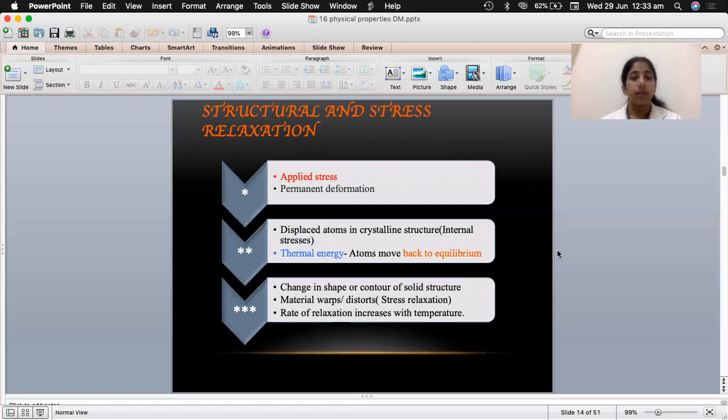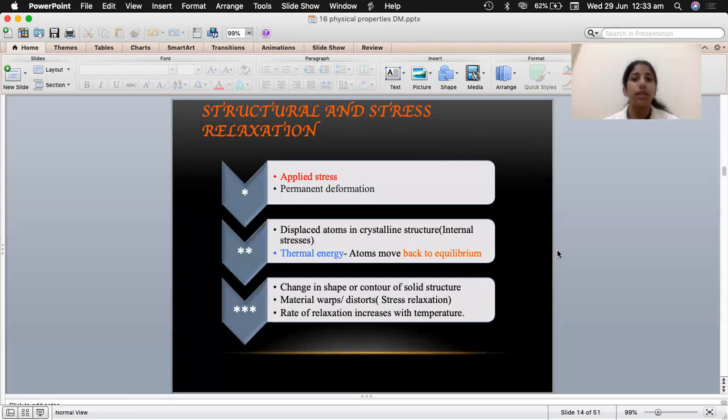Stress relaxation: suppose we heat and bend inlay wax, and there will be stress concentration in that wax. Once you keep that bent wax in room temperature water, it gradually opens up.